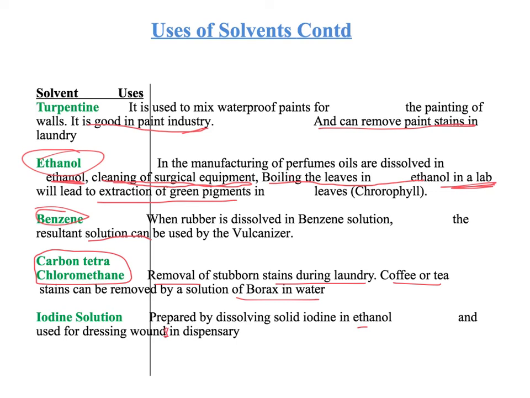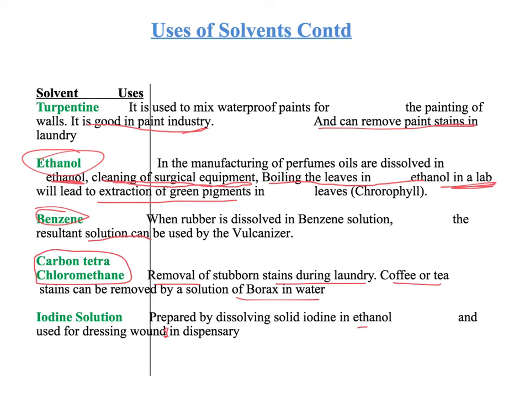If you have a cut or a burn, just put a little bit of iodine. So these are the solvents and their uses. Make sure you remember them because you often see them in the examination hall: water, kerosene, petrol, turpentine, ethanol, benzene, iodine solution.